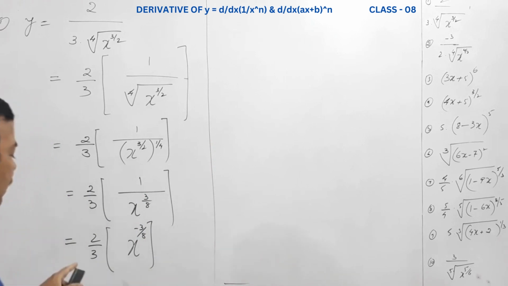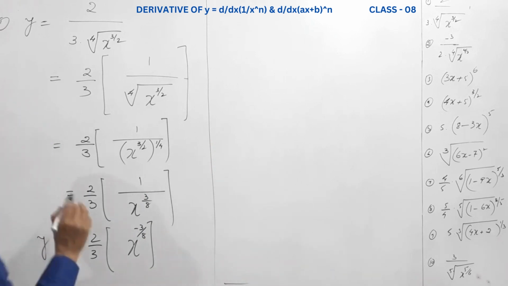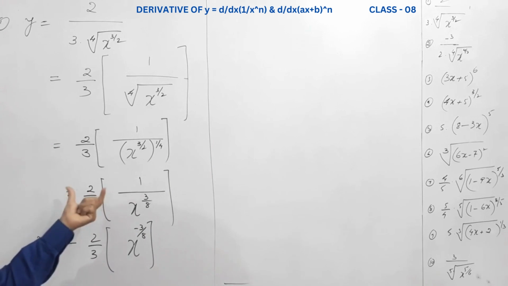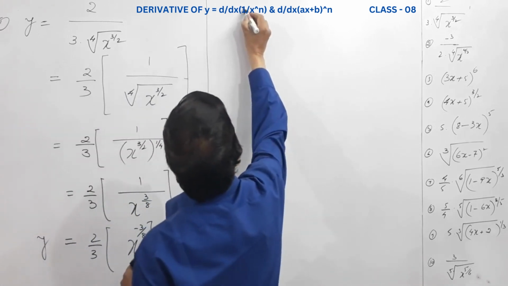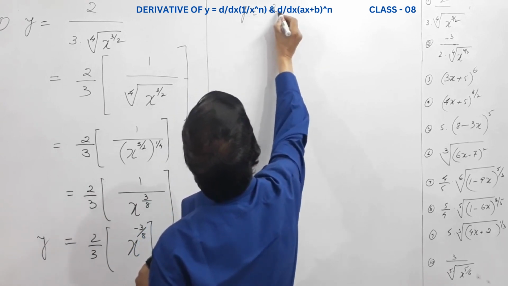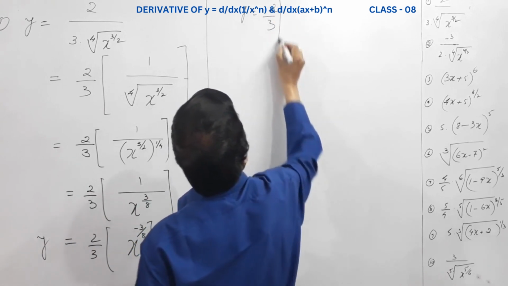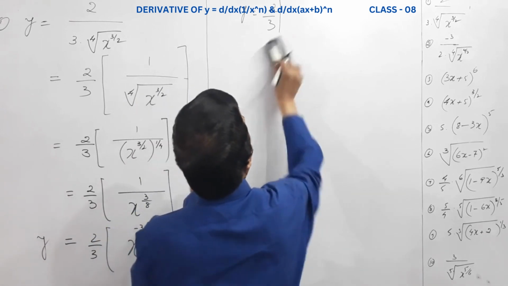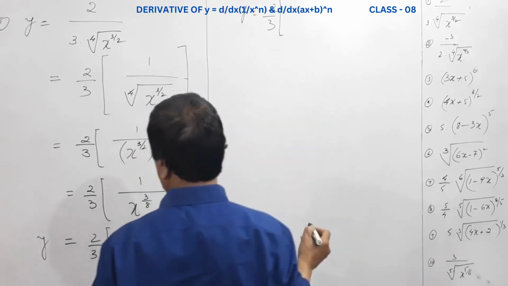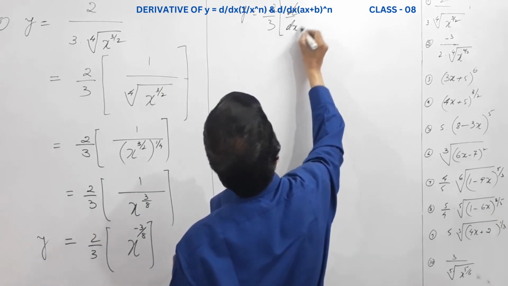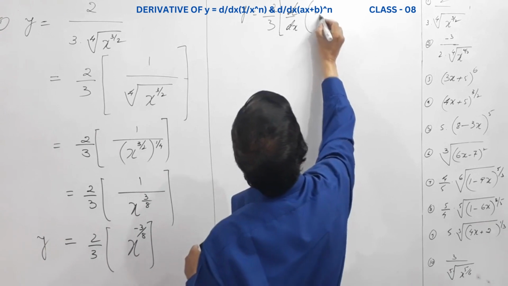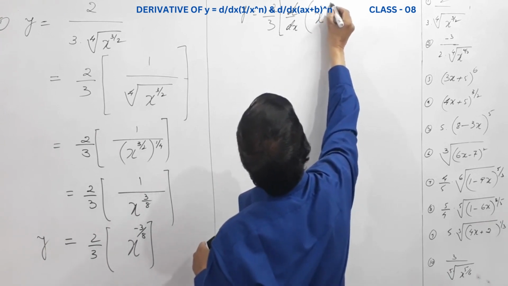So this is nothing but your y. Until now we have just simplified it. Now we have brought it to a stage where this can be differentiated. So we have to differentiate this. Here y equals 2 by 3 d by dx of x to the power of minus 3 by 8.